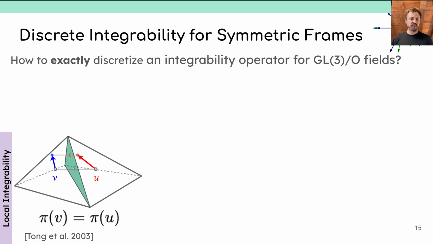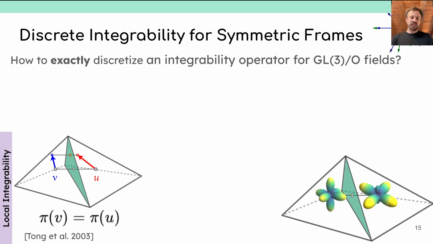2003. The key idea is that given a vector field which is constant per TET, the integrability condition is that the projection of two adjacent vectors, v and u, should agree on every shared facet of the TET mesh. Our notion of symmetric integrability is very similar, except now we have these symmetric tensors on every TET.